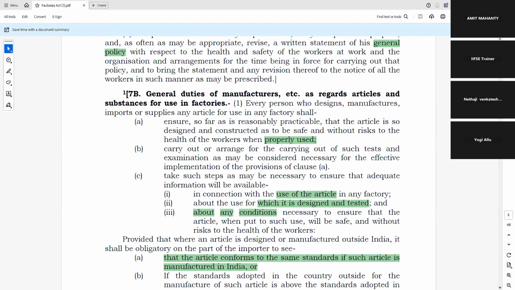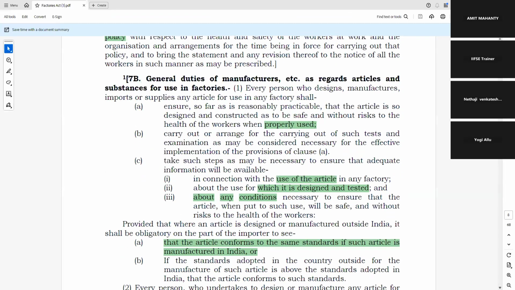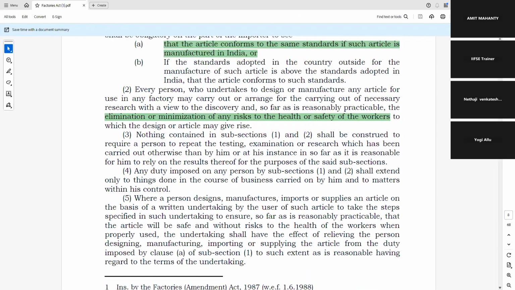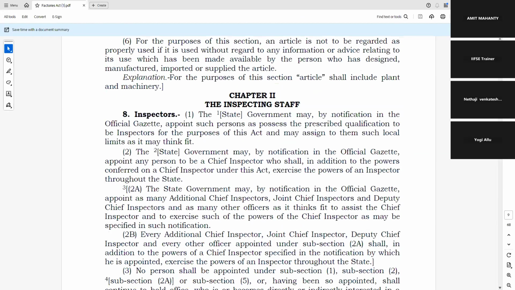Then we have seen the duties of the manufacturers. This is also quite similar to the occupier. Then we have seen inspection staff. There are different types of inspection staff. Mostly, chief inspectors or gazetted officers will act as an inspector. So here, the district magistrate shall be an inspector.